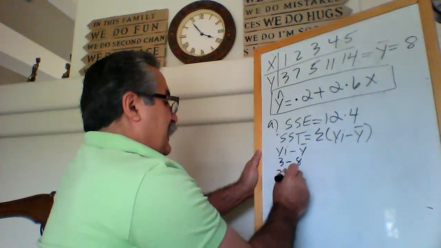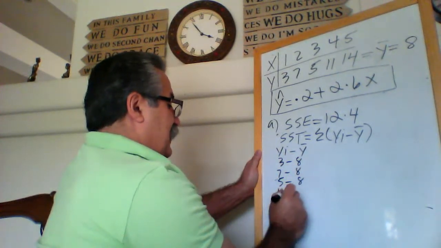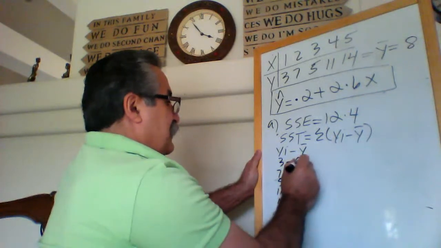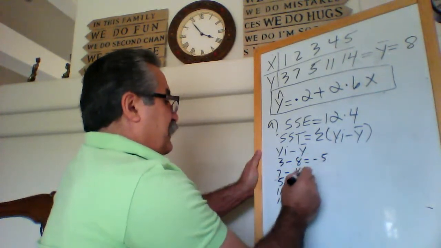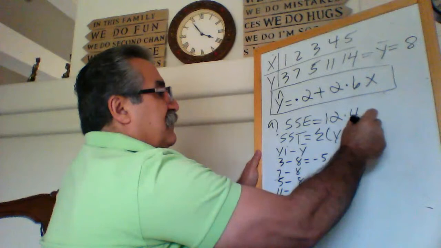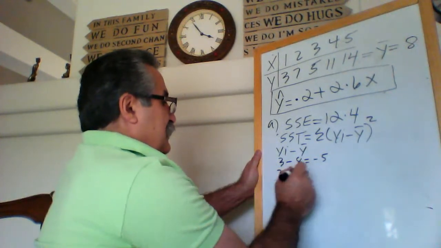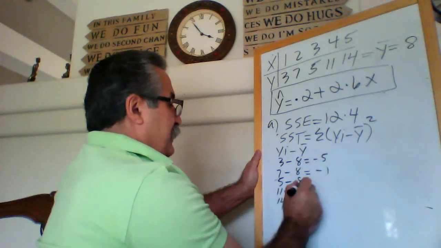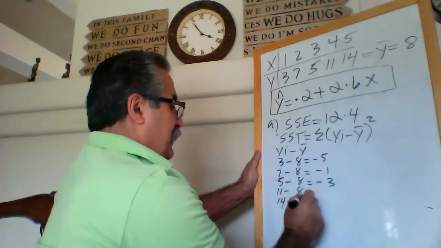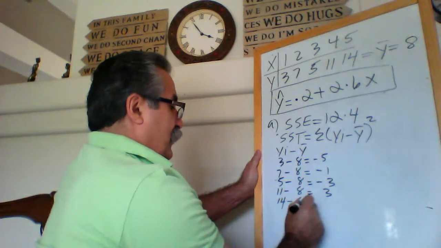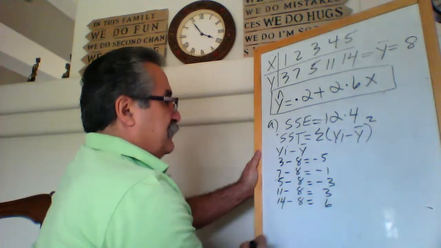That gives negative 5, negative 1, negative 3, 3, and 6.